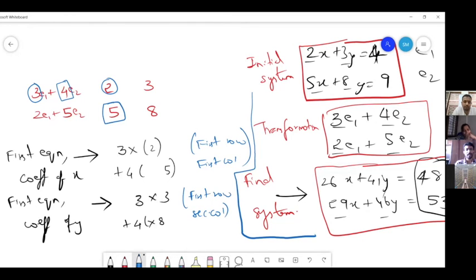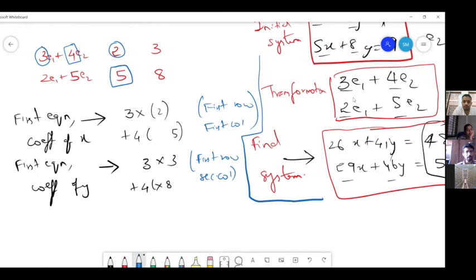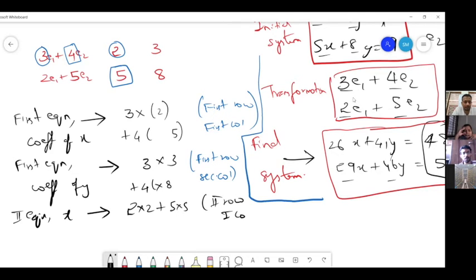Similarly, for the second equation, the x coefficient would be second row, first column: 2 into 2 plus 5 into 5. And the coefficient of y would be second row, second column.